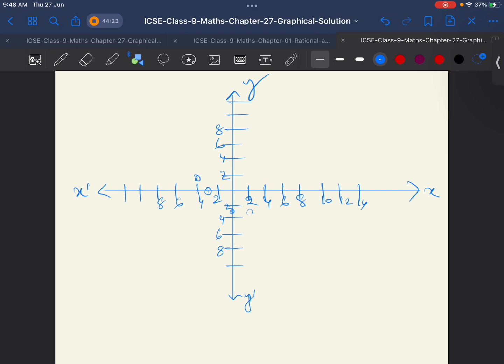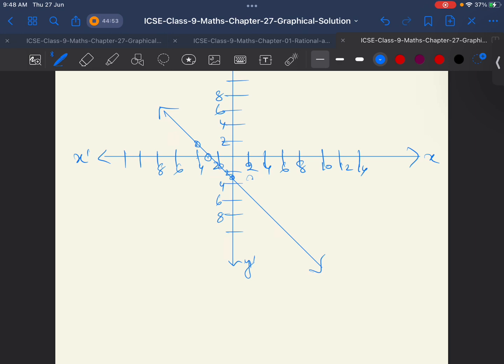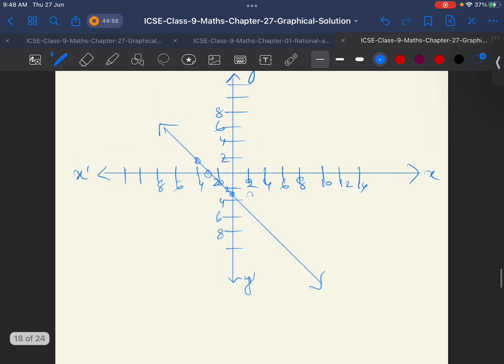Now we draw the line. Now for the second equation, the point (-2, -1) is here, and (-3, -4) is here, and (0, 2) will be here.